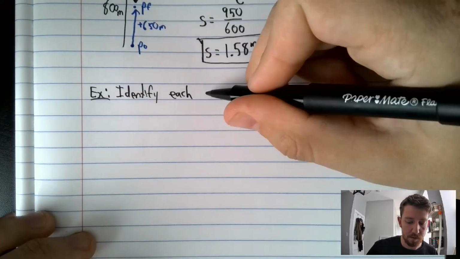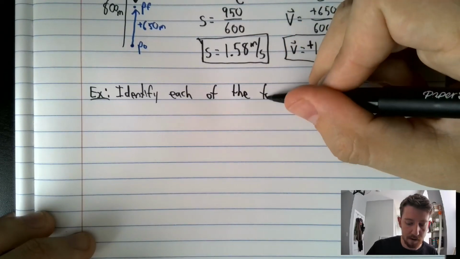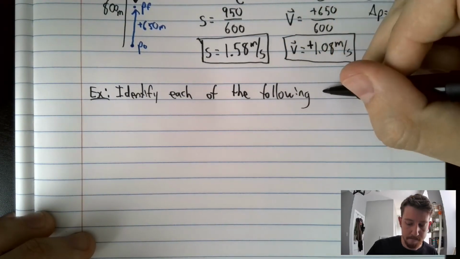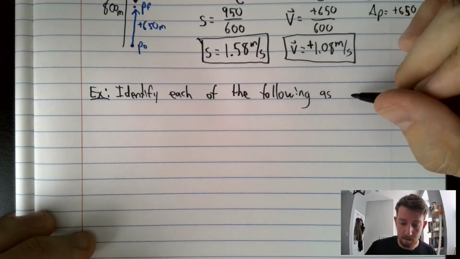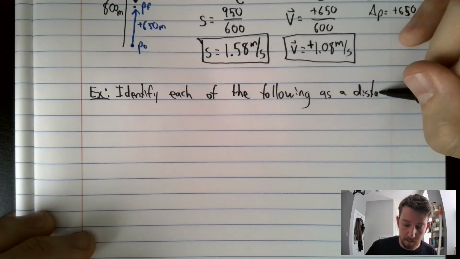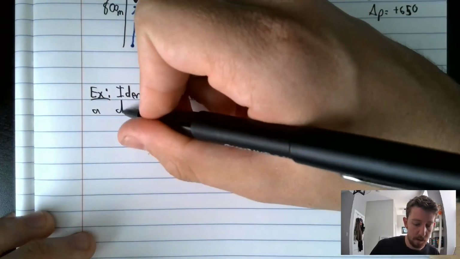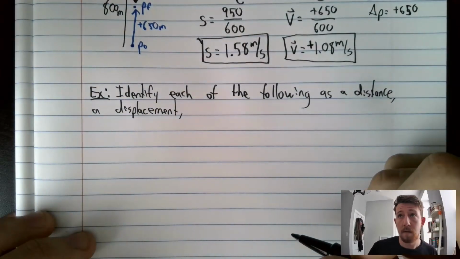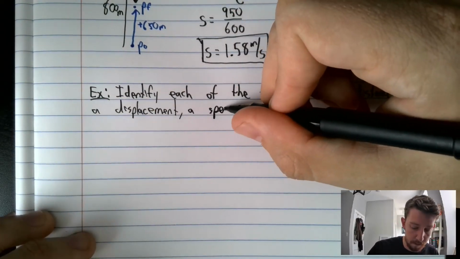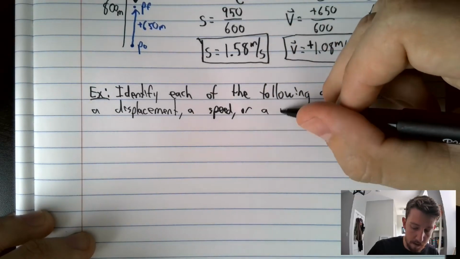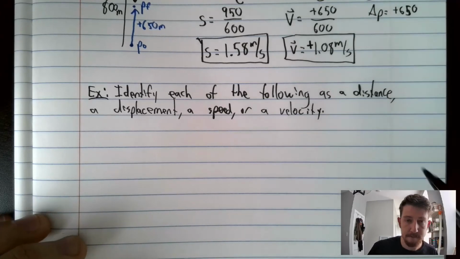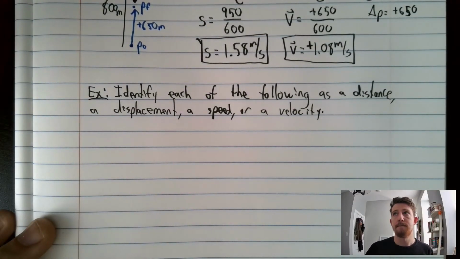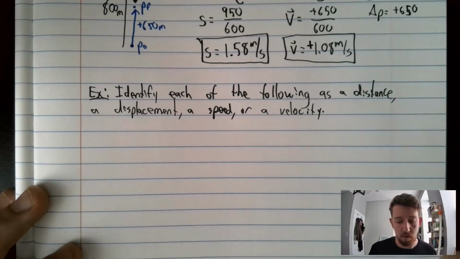Identify each of the following as a distance, a displacement, a speed, or a velocity.